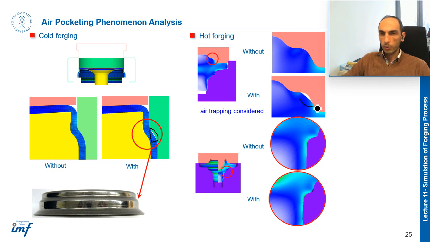By changing the design, you can remove such a defect. Maybe there is no change in the die here, but some other parameters or some other parts of the die are modified, or even the shape of the initial workpiece is changed to remove such a defect.